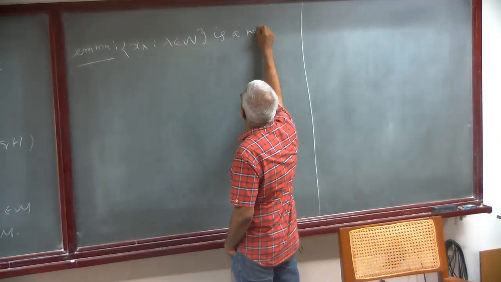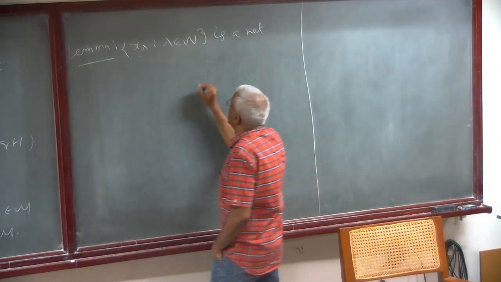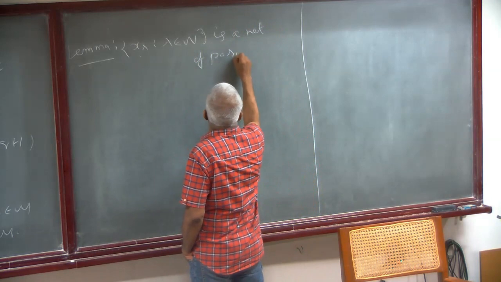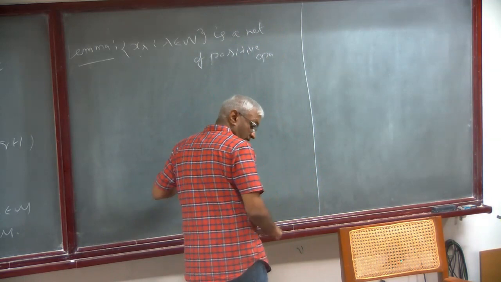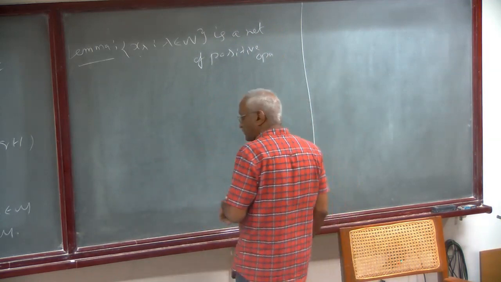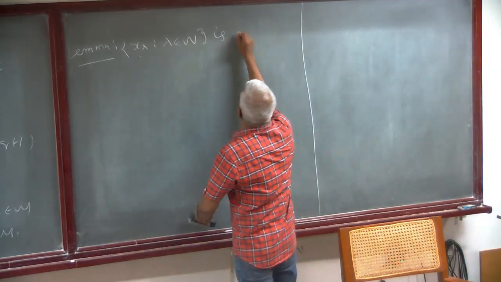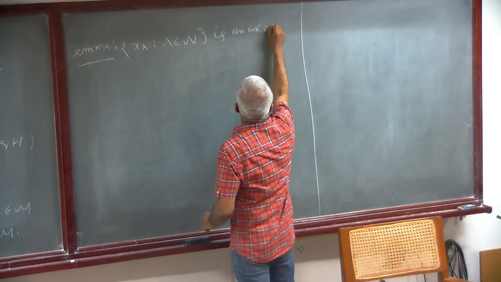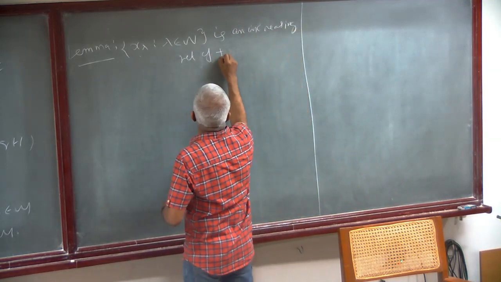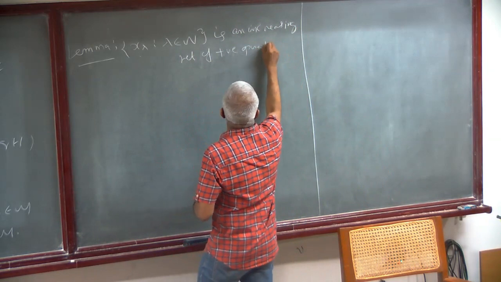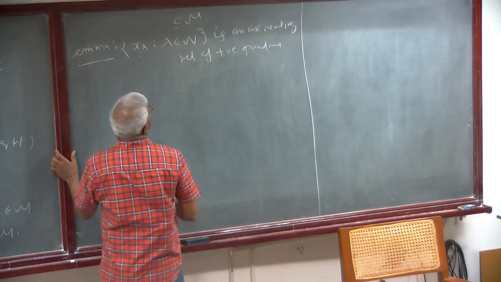A net of positive operators, sorry, an increasing net, and this is contained in M, a von Neumann algebra.